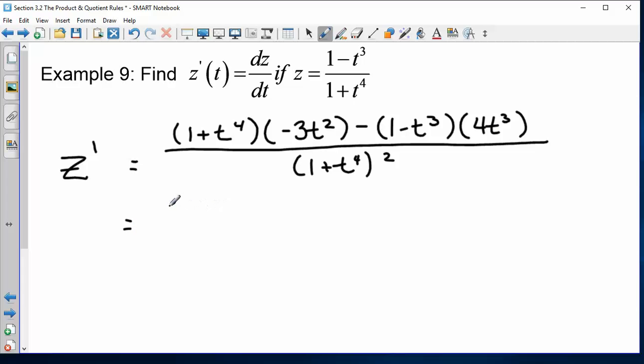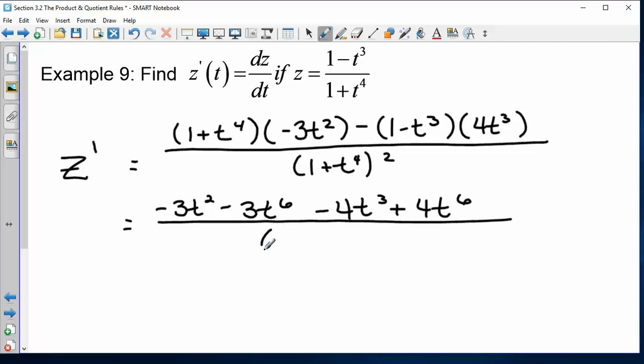If you distribute, we get negative 3t squared minus 3t to the 6th. Can I distribute the negative and my 4t cubed at the same time? That'll give me a negative 4t cubed plus 4t to the 6th over 1 plus t to the 4th squared.